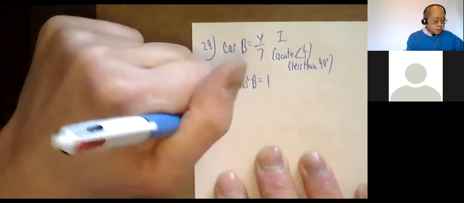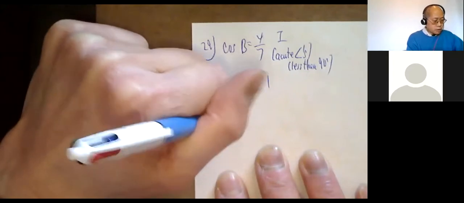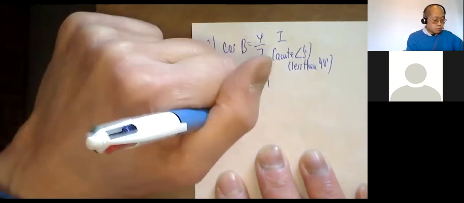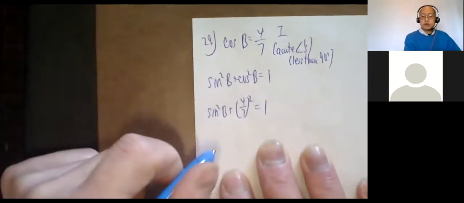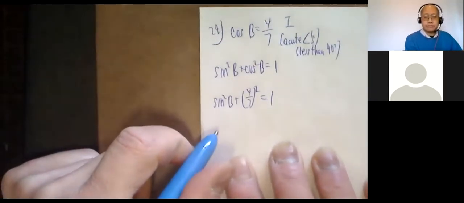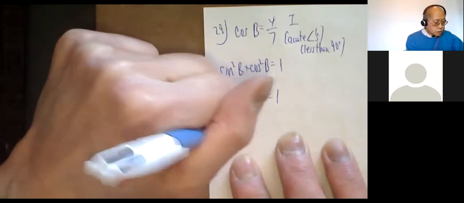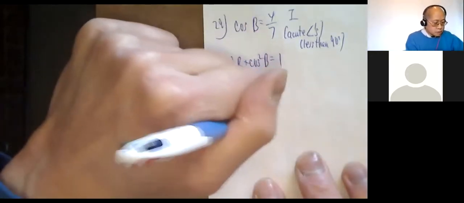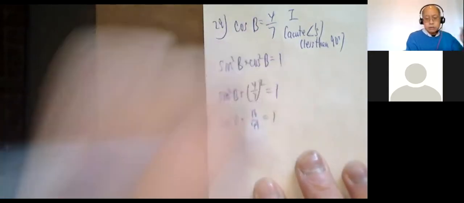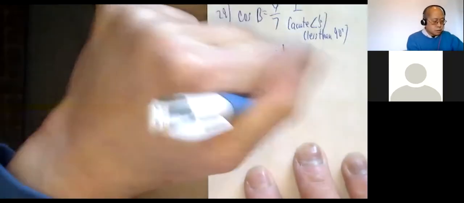So if I do this, I have sine squared B plus 4/7 squared equals 1. You should be comfortable both ways. Sine squared B plus 4/7 squared is 16/49 equals 1. Subtract.